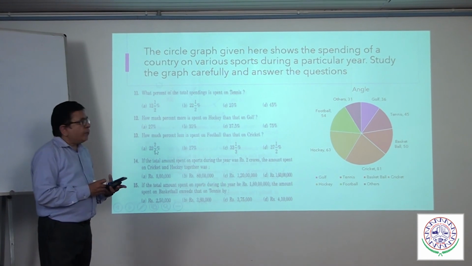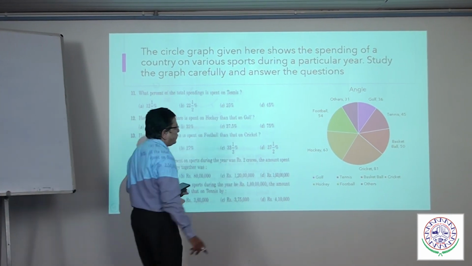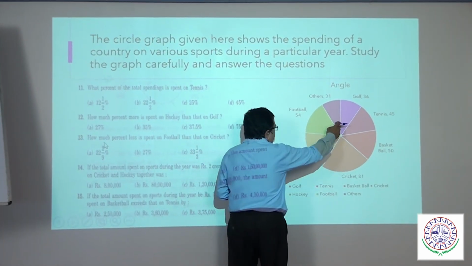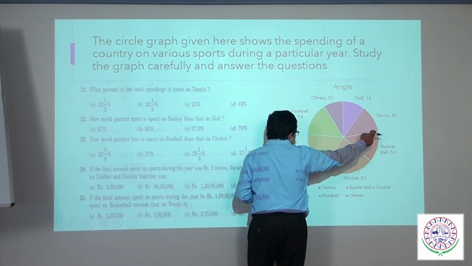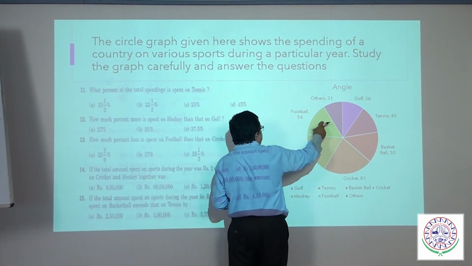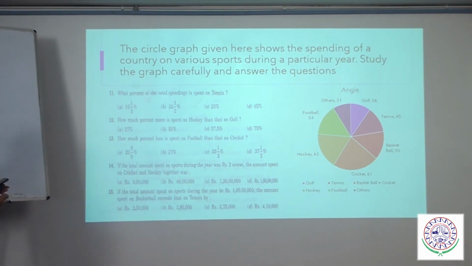You have to study the graph carefully and answer these questions. So this is the graph where you have 36, 45, 50, 81, 63, 54 and 31 degrees. These are all in degrees. Makes it a full circle of 360 degrees.